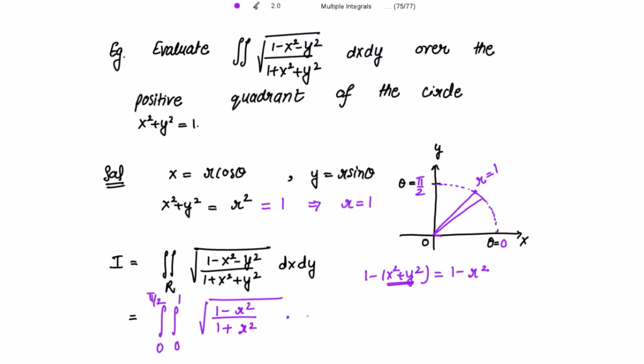So multiplying with r and dr d theta. Is it okay? Just the formula is used over here. Alright. In the next step, I'm multiplying and dividing by 1 minus r square, so that in the numerator I get only 1 minus r square.